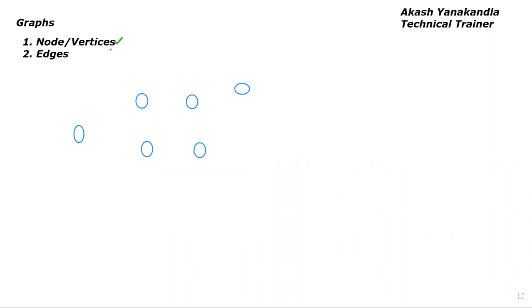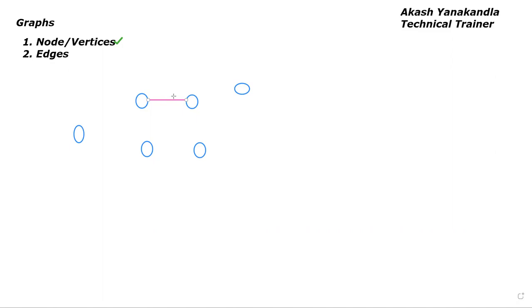Now, what do we mean by edges? Edges means the distance between two nodes, which goes something like this, from node 1 to node 2. So this is our distance.